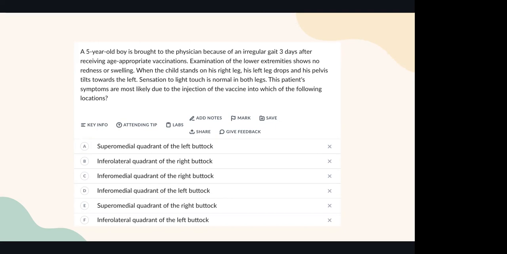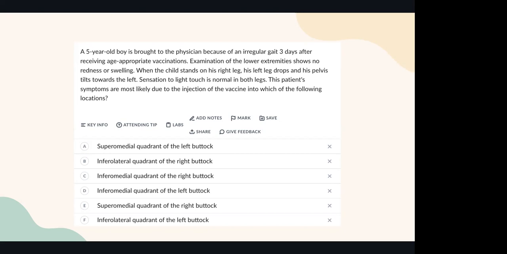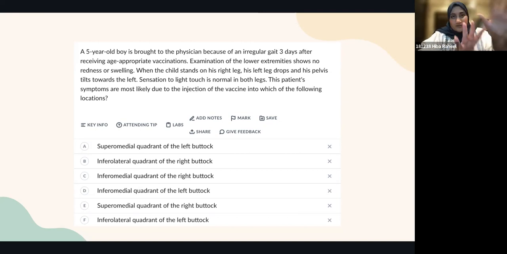Okay. But I'm kind of confused. The superior medial quadrant is the correct place to inject, right? It's just that they did it more deeply. Yeah, they just did it wrongfully. Understood? Okay. So never inject in the inferior quadrants. Never. Because that is usually where there's, first of all, less fat. Second of all, there are nerves running very close.